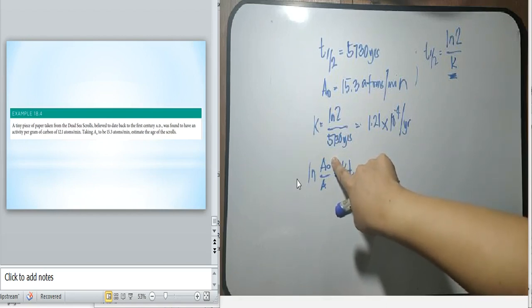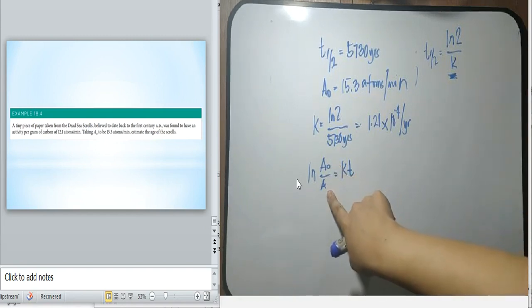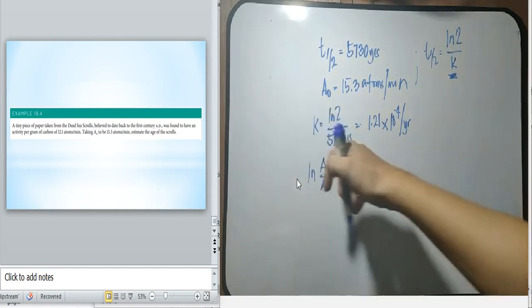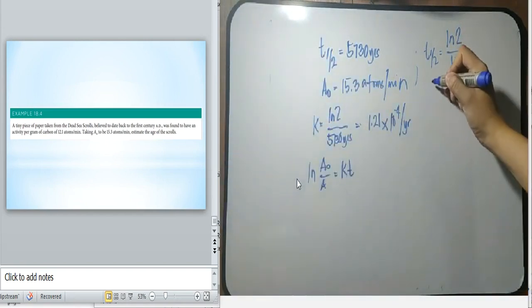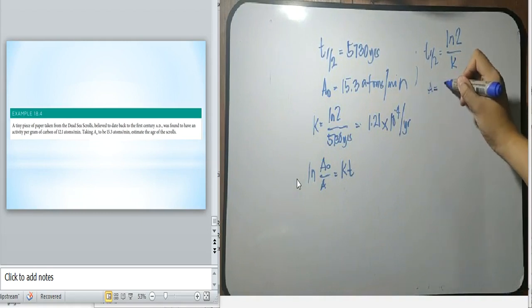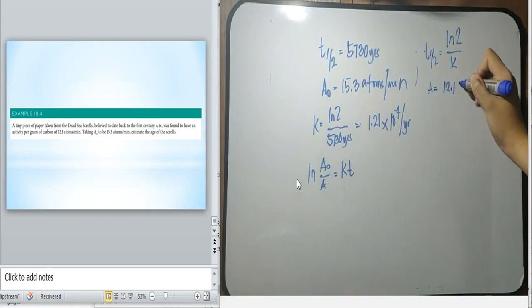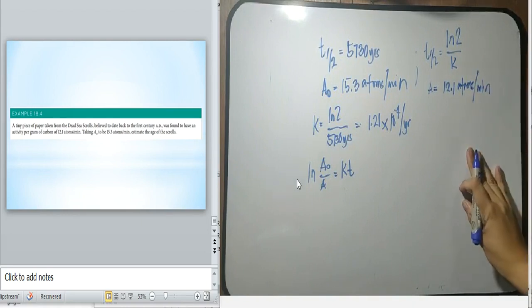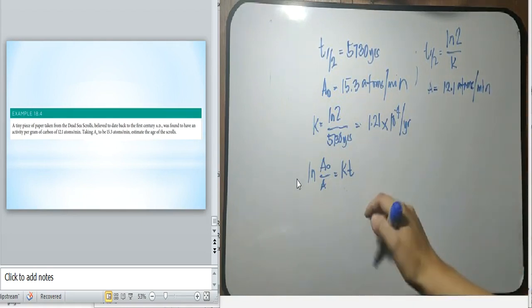And we also have the estimated activity at present time, which is given. I just didn't write it. We have A equal to 12.1 atoms per minute. So, yes, we can now compute it.